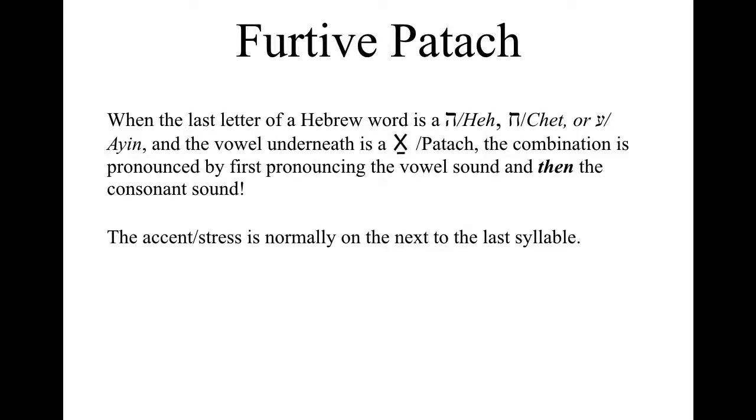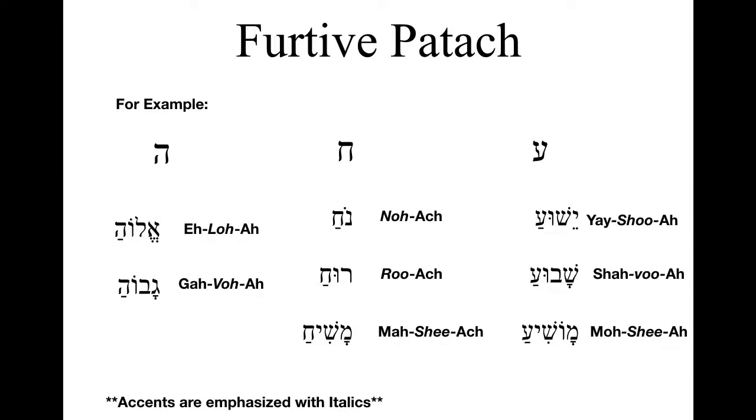But the accent or the stress in the word is normally on the next to the last syllable. So let's look at some examples. Now, the accents are emphasized here with italics. So, for example, with He, we have the Hebrew word Eloah.